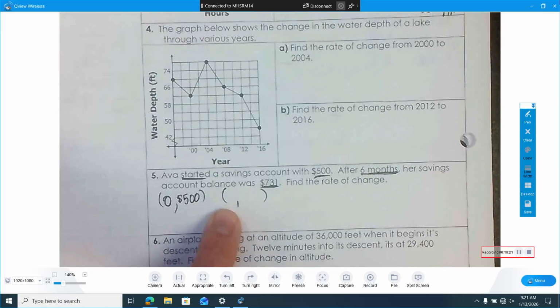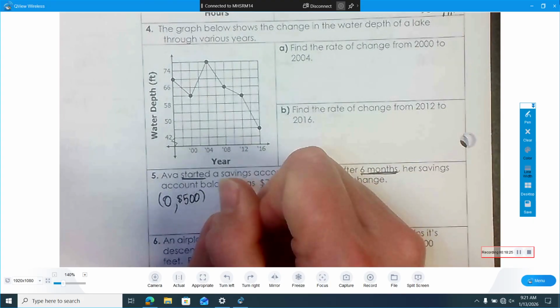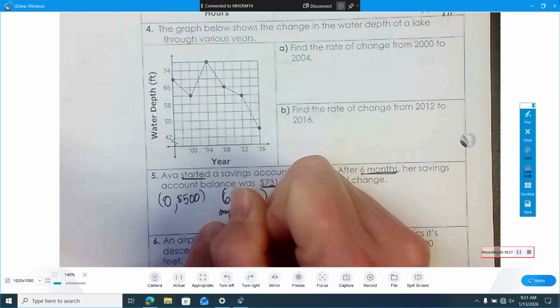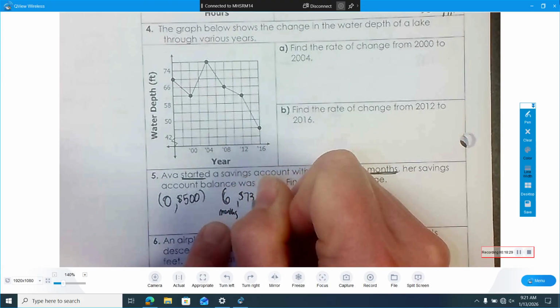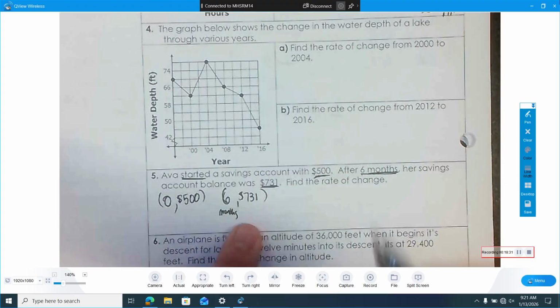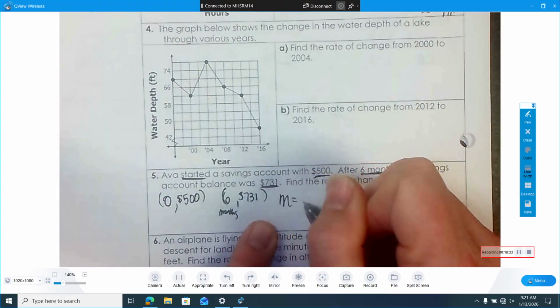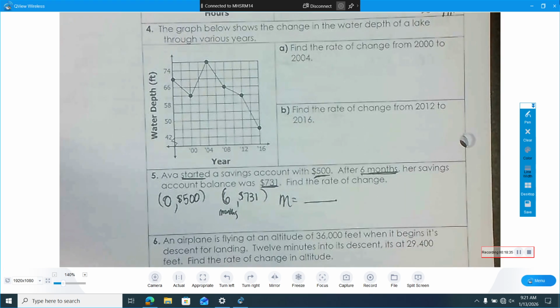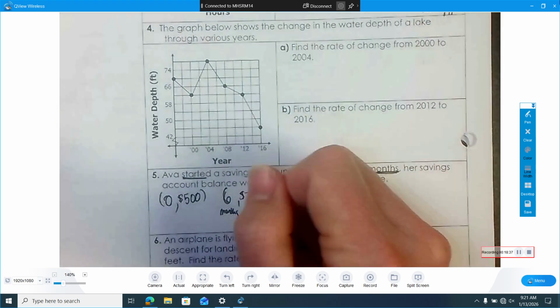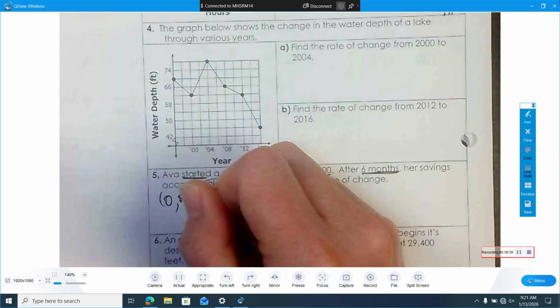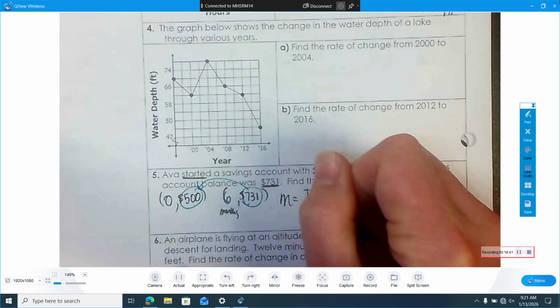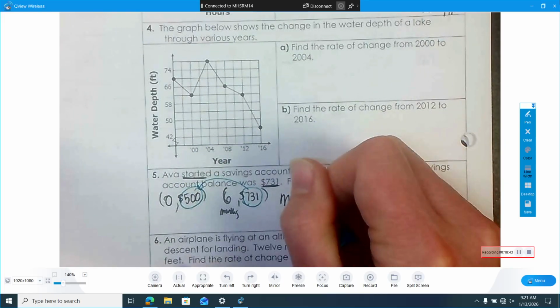And then what's our second ordered pair? 6 months. And then 731 dollars. And again, we're just finding the slope. So what are we going to subtract here? Yes, 731 minus the 500, and that's money.